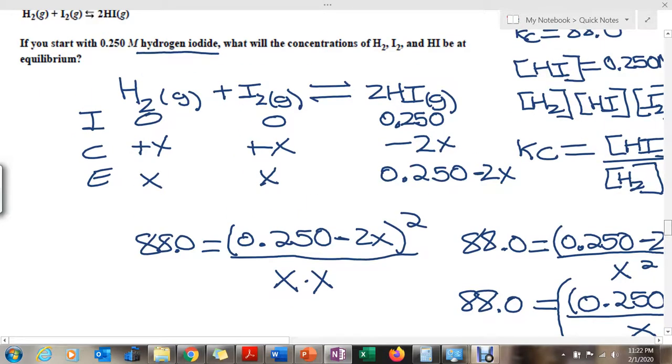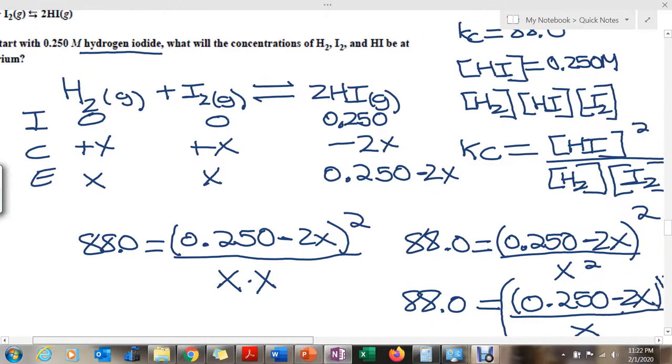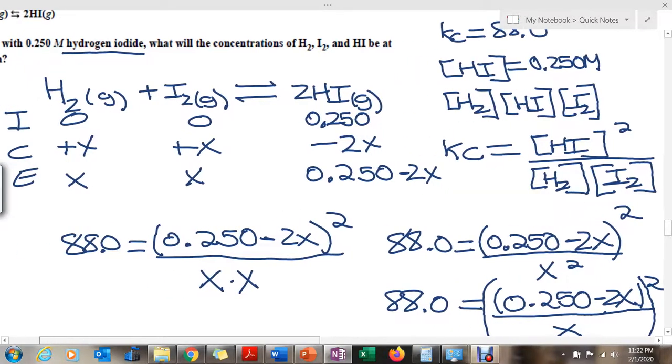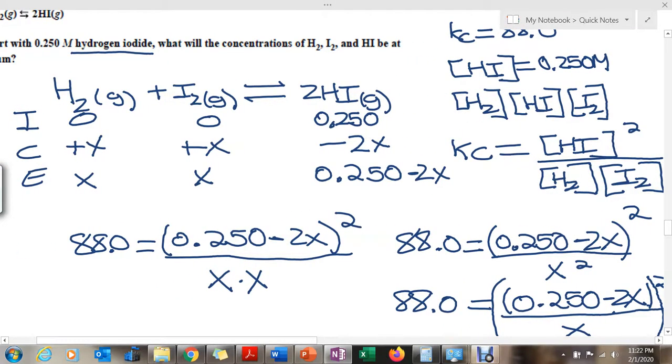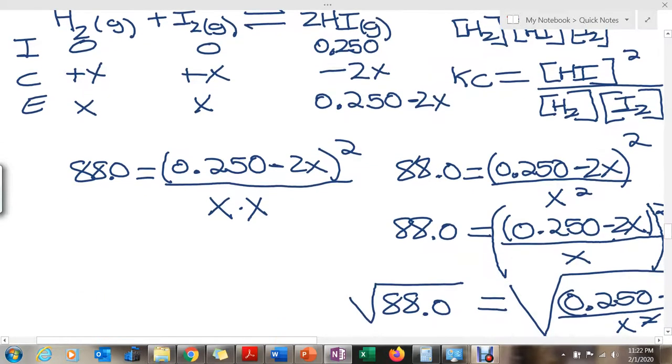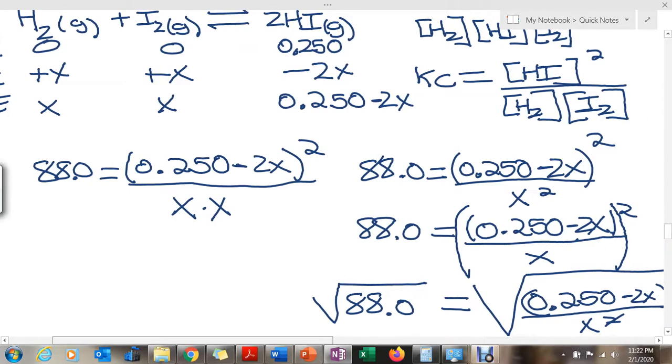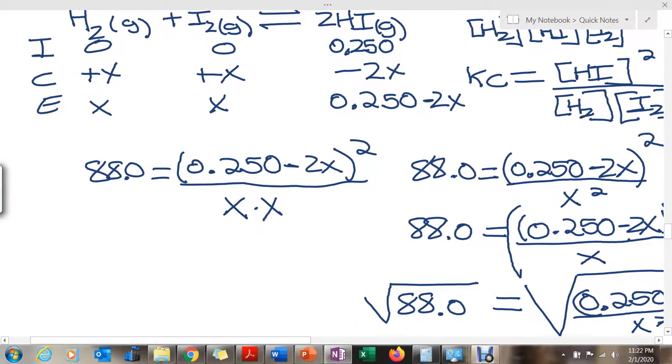You have to reach the equilibrium by going backward, in reverse. So I wrote the expression of Kc equals the concentration of HI, hydrogen iodide gas, squared, divided by H2 and I2. By the way, the HI is squared, the other ones no. So I do my ICE table based on the reaction going to the left, the equilibrium shifting to the left.